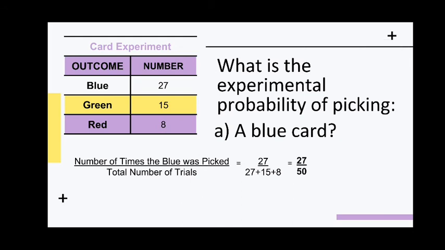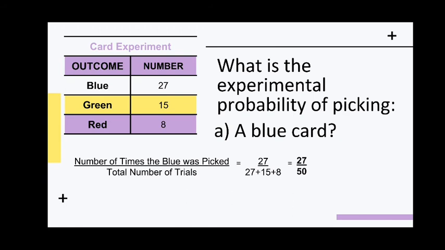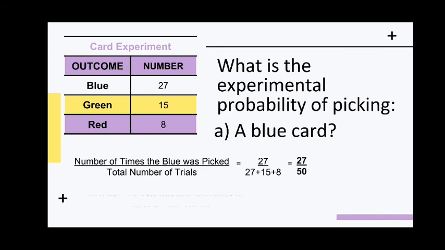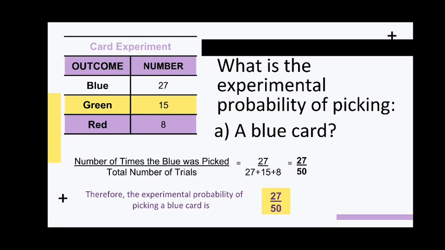Ngayon, ang 27 over 50 ay naka-lowest term na dahil ang greatest common factor nila ay 1 na lang. So kapag 1 na lang ang greatest common factor, ibig sabihin, yung given fraction ay naka-lowest term na. Now therefore, the experimental probability of picking a blue card is 27 over 50.